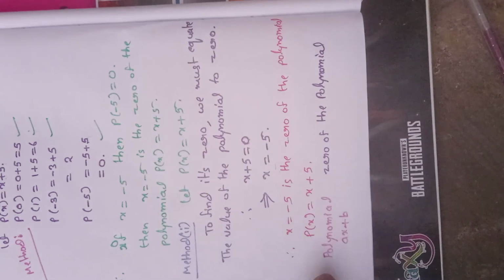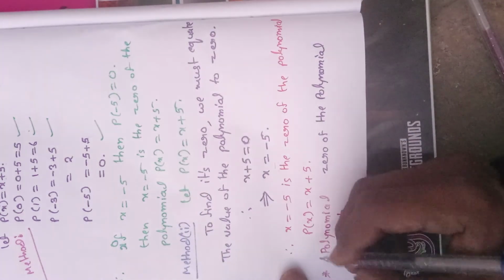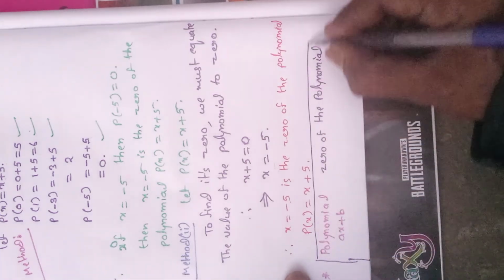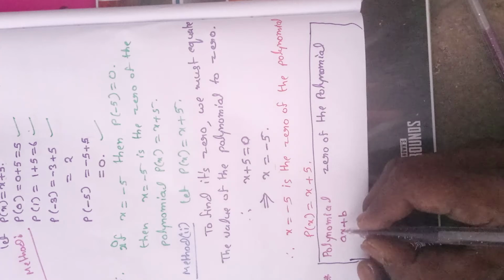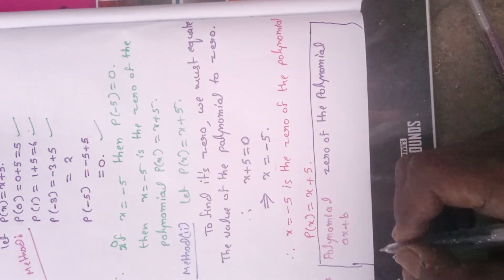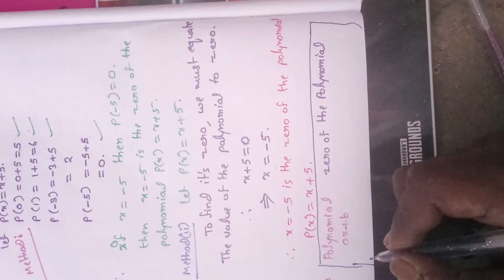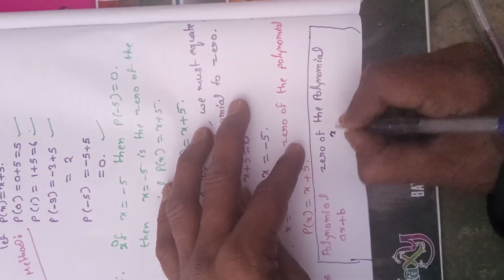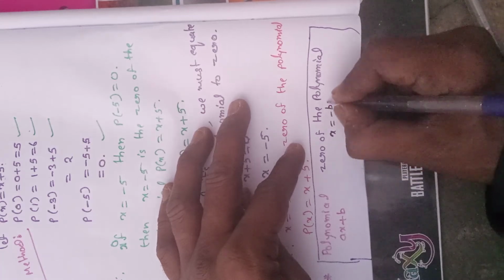So you can guess what the 0 of the polynomial ax plus b is. It's very easy. First we need to equate ax plus b to 0. If ax plus b equals 0, then ax equals minus b. Then x equals minus b by a. Whatever the value of x, that is the 0 of the polynomial.